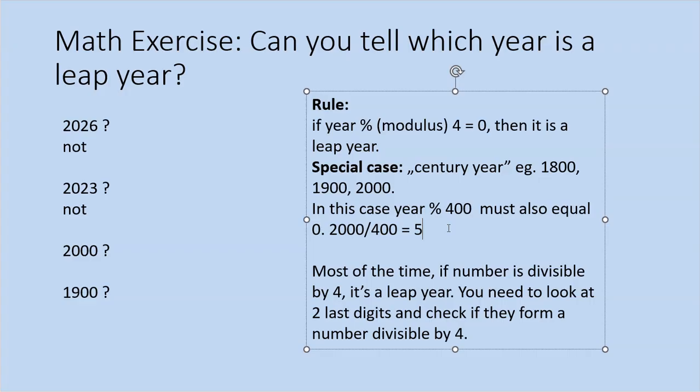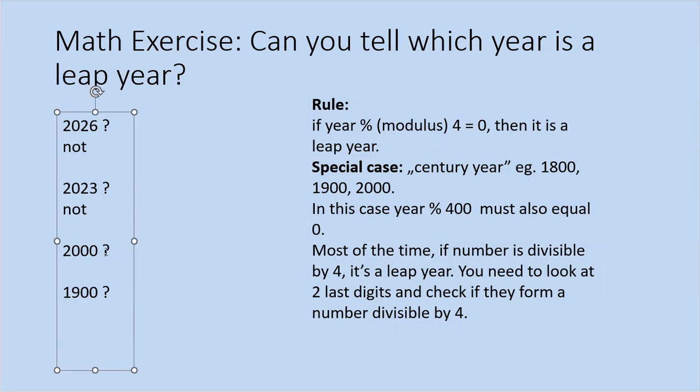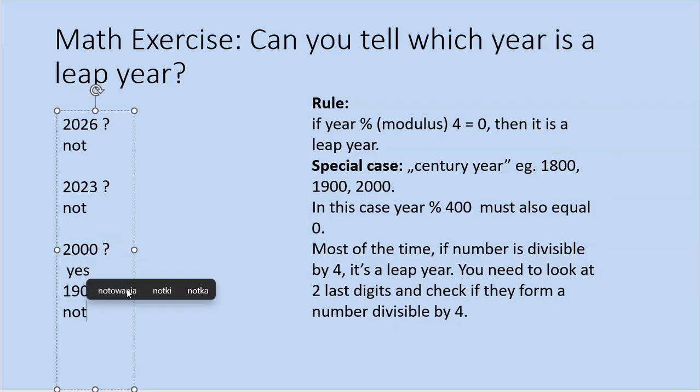So modulus is 0. Nothing is left. It's exactly divisible. So this one yes, this one no, because it's not divisible by 4.